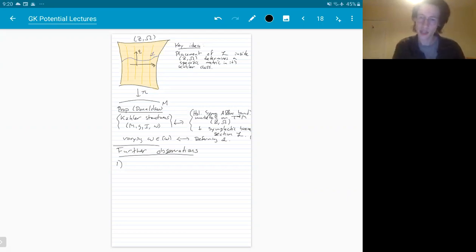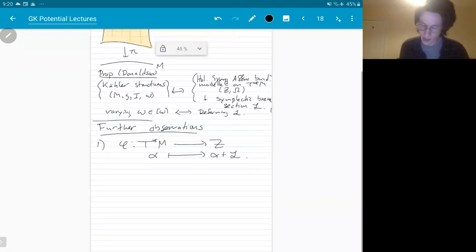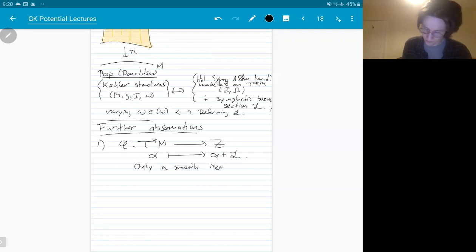That's what L is doing. So we get a globally defined map from the cotangent bundle to Z, where we send a covector alpha to alpha plus L. The problem is that this is not holomorphic. This is only a smooth isomorphism.